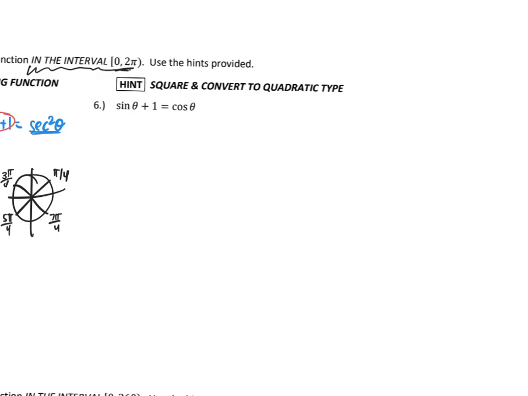But if you cannot find any other strategy to use, but you wish that you had a sine squared and a cosine squared, one of the things I would do is square both sides. Okay? You have to take this and multiply it by itself.